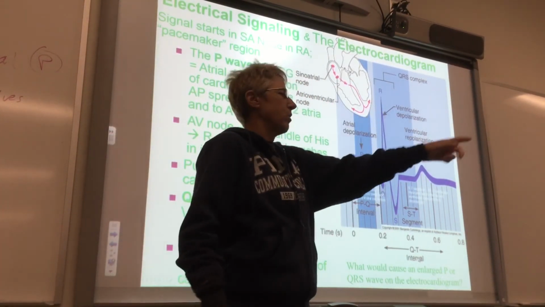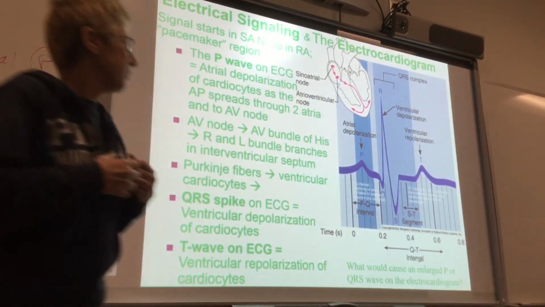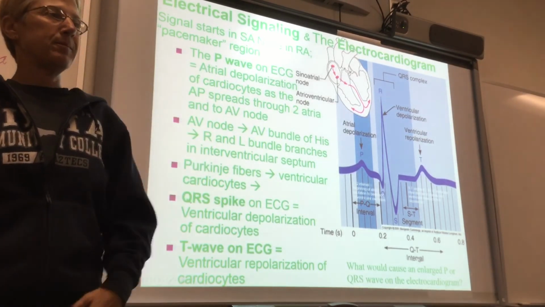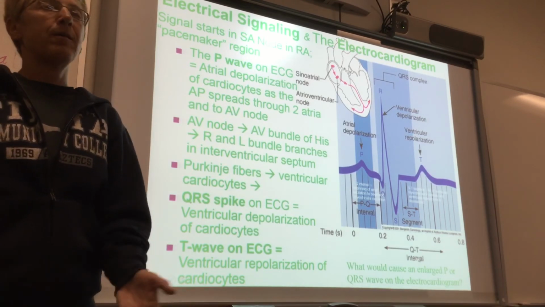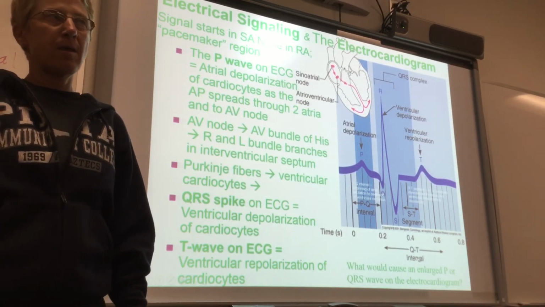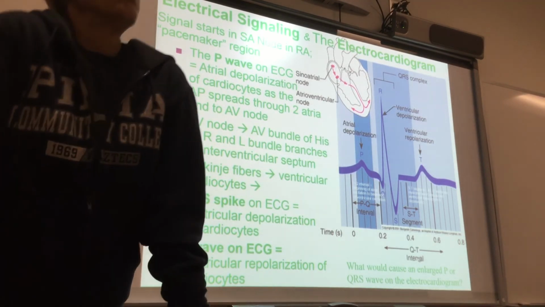But you're right. You guys were talking about channels. Every single cell in your atria is depolarizing, or sodium is rushing in, at the same time. So how would you make that wave bigger? More sodium.